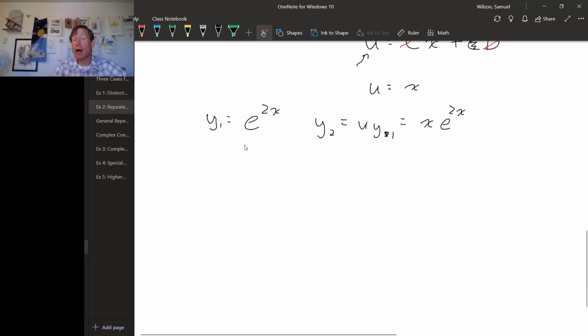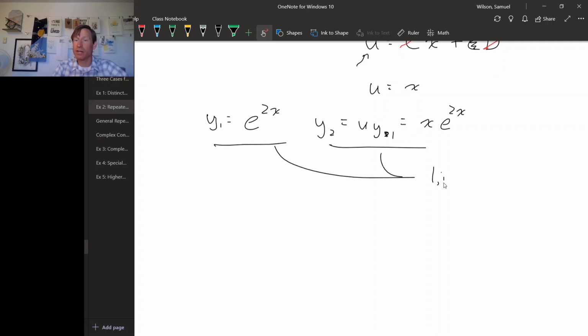Now I won't do the calculation, but these two solutions are linearly independent. Since we started with a second order equation and we have two linearly independent solutions, these solutions form a fundamental set, and so the general solution to this differential equation is y equals c1 e to the 2x plus c2 x e to the 2x.